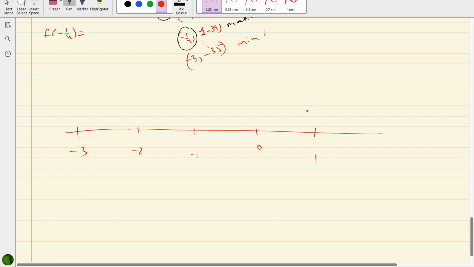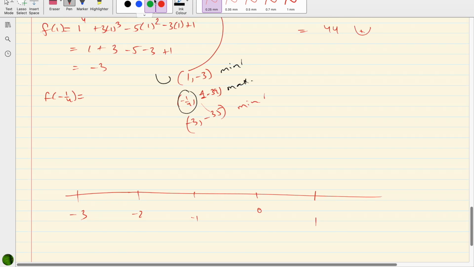So one of the points is 1 comma minus 3. The other point is negative 1 by 4 and 1.39. The last point is minus 3 and minus 35.